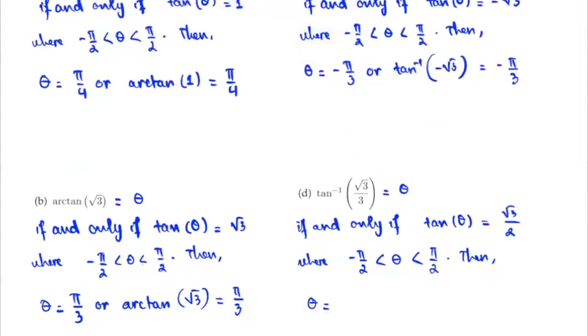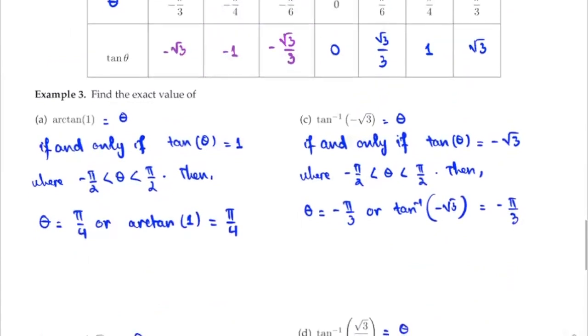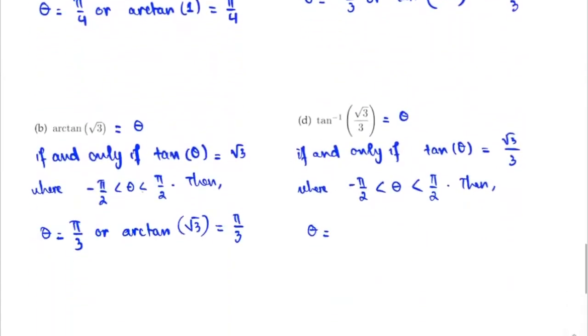So this is positive root 3 over 3, and the angle is pi over 6. Or inverse tangent of root 3 over 3 is equal to pi over 6.